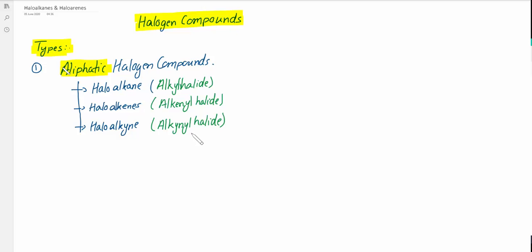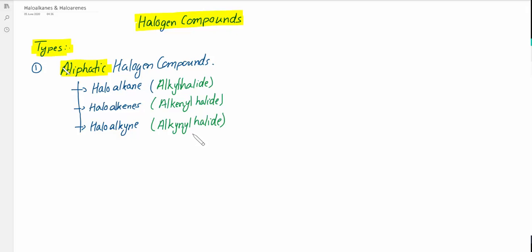So monohaloalkane, dihaloalkane, trihaloalkane or tetrahaloalkane, depending on whether they have 1, 2, 3, 4 halogen atoms respectively in their molecule.